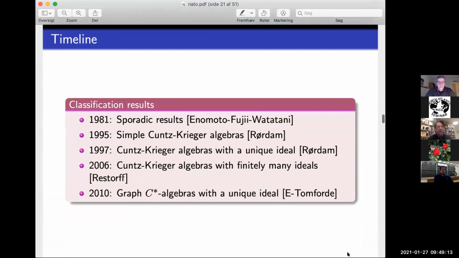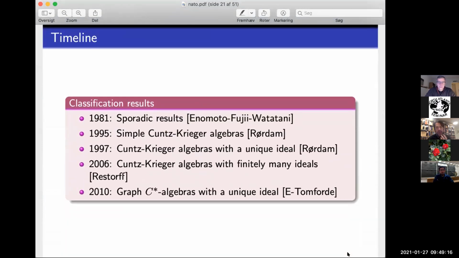And then these are the main events. In 1995, Michael Rørdam classified the simple Cuntz-Krieger algebras. He did this by appealing to some deep observations by Cuntz and Krieger that the notion of flow equivalence of the underlying shift spaces was very close to isomorphism of the C-star algebras, but there was a difference, and Michael proved that this difference was not detected by the C-star algebras.